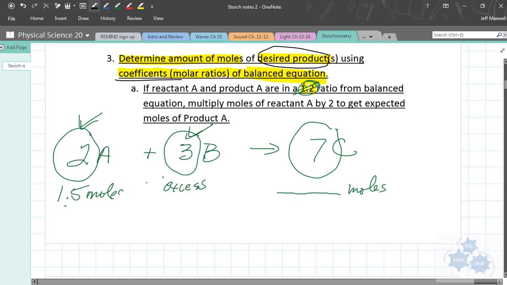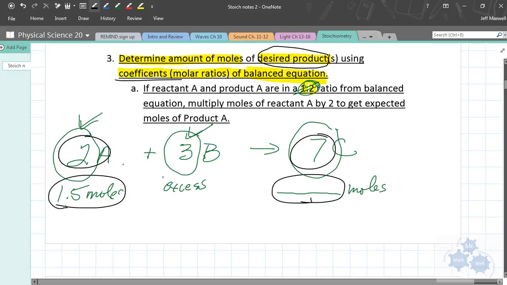Here's a little trick. If you want to go from 1.5 to blank, and you know you have 2 to 7, here's one thing that students find easy to remember, and it's the one they use most. There are different ways you could view it, but this is what I do. This is 2 to 7, so we're going to start with 1.5, what we're given, and multiply by 7 over 2.